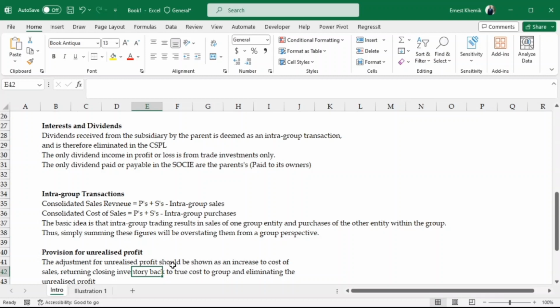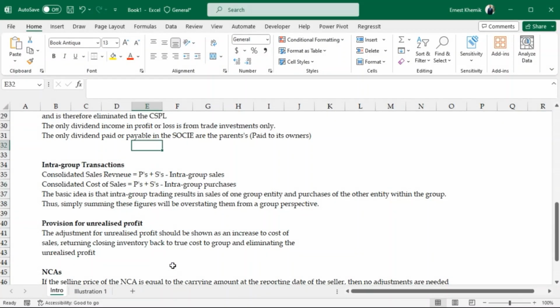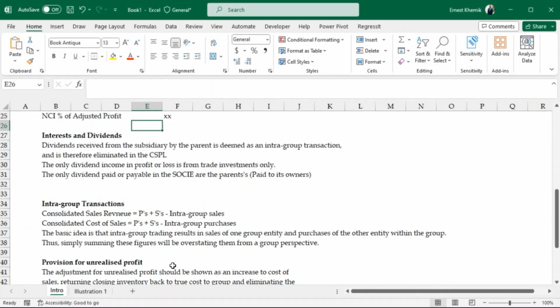That is the only dividend that will be reflected in the statement of changes in equity. Right. So that is how we deal with dividend and interest. Dividends paid from the subsidiary to the parent are eliminated. Any interest on loan that has been paid from either the parent to the subsidiary or the subsidiary to the parent will be eliminated from the group's, because all of these are seen as intra-group transactions.